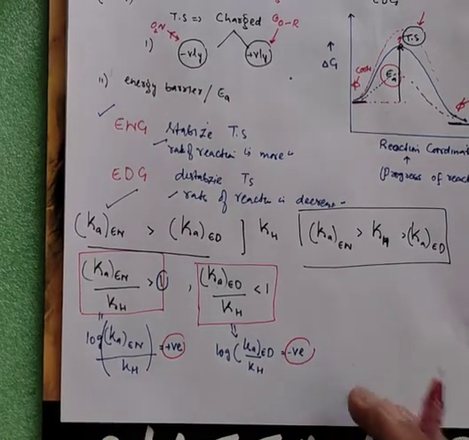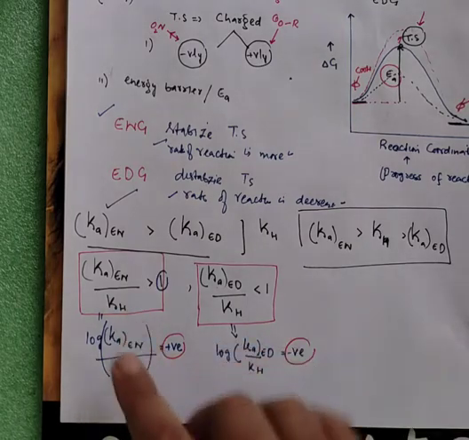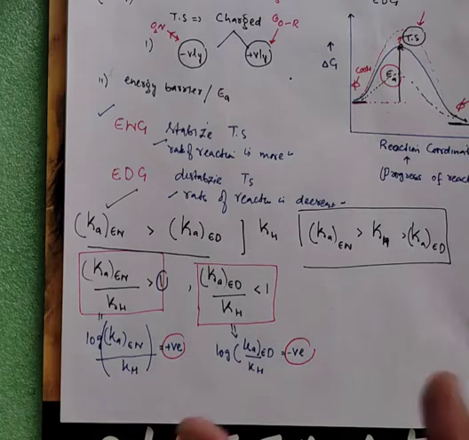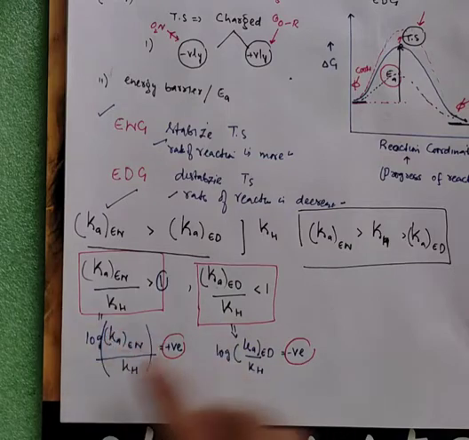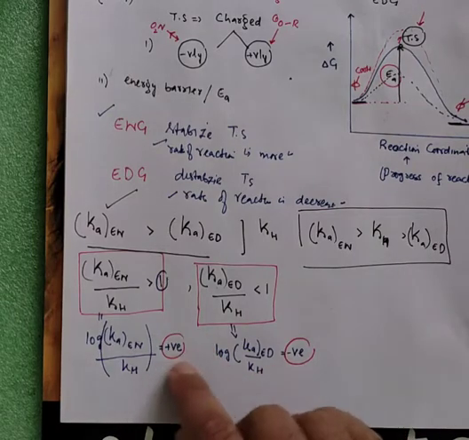That means if we have the data for this ratio of rate constants or dissociation constants, the value we get, plus or minus, will give us an idea about which type of group is present in the ring, whether it is an electron donating or an electron withdrawing group. That's number one. This is the beauty of the Hammett equation. By knowing the dissociation constant of benzoic acid in the absence of any group and in the presence of electron withdrawing and donating groups, we can know this value, number one.